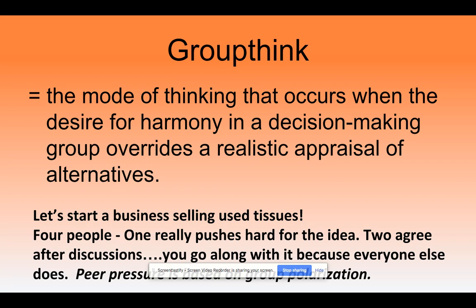Because no one has offered an alternative, the group goes with it. The group decides we're just going to do it. And even though the idea itself might be ridiculous or there could be better ideas out there, that idea prevails because no one has offered a realistic appraisal of the situation or an alternative.